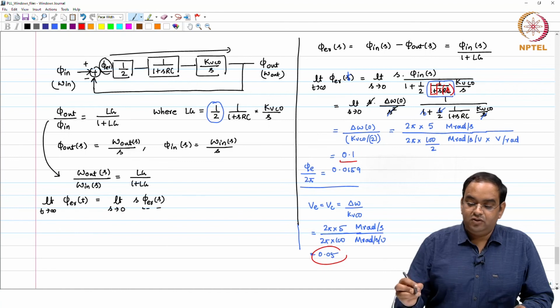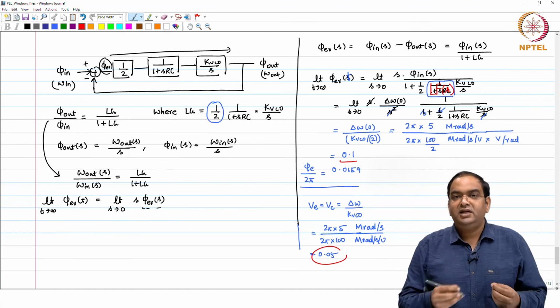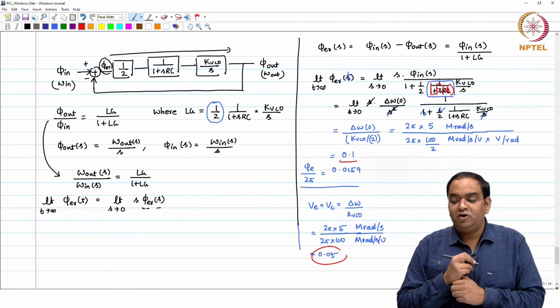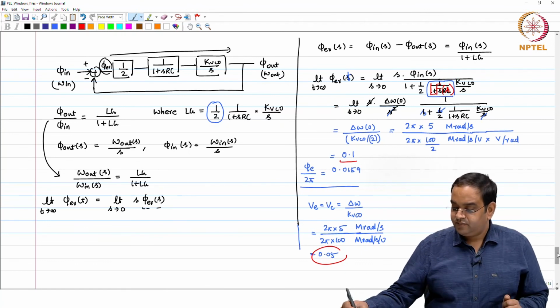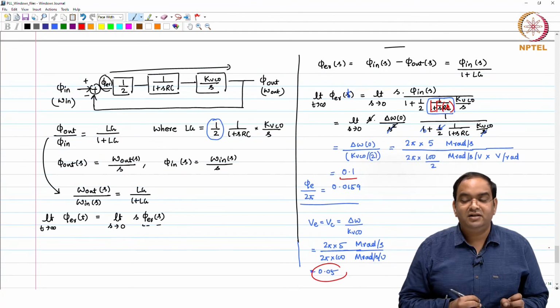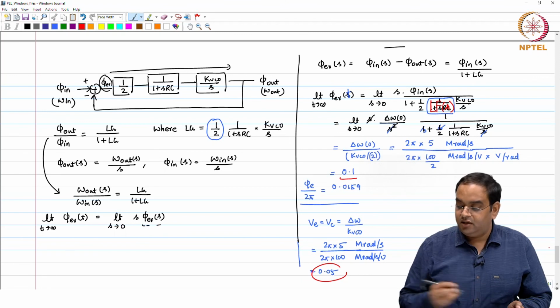So, loop filter plays a very important role in getting the final value. We will look at the loop filter also, and how the loop filter restricts our analysis, or the final PLL output.